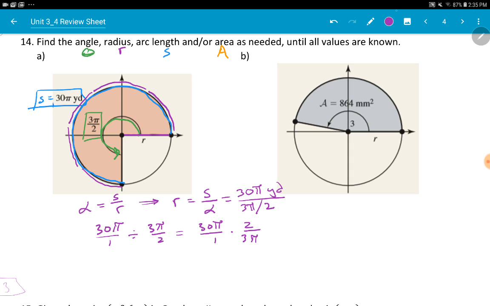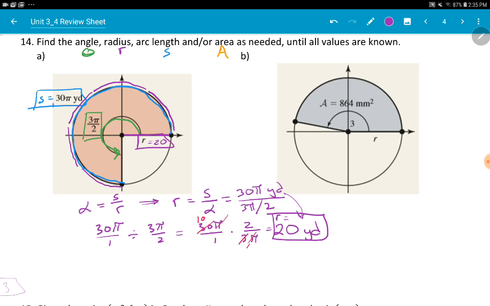Then I can see those 3's will simplify. That becomes 1 and that becomes 10, and my pi's will cancel. So I'm left with a radius of 20 yards. So that's one of my answers.